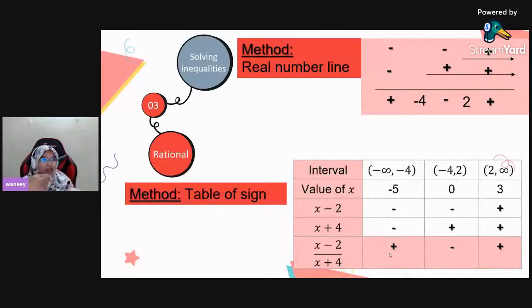If they say solution set, then you must only give solution set. If they say solution interval, then you must give solution interval. Otherwise, either one will do.